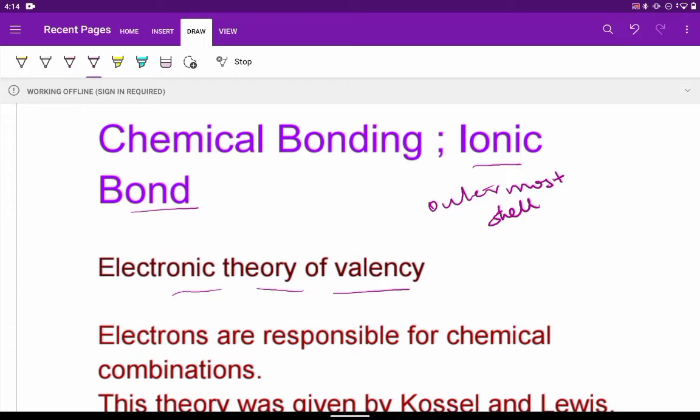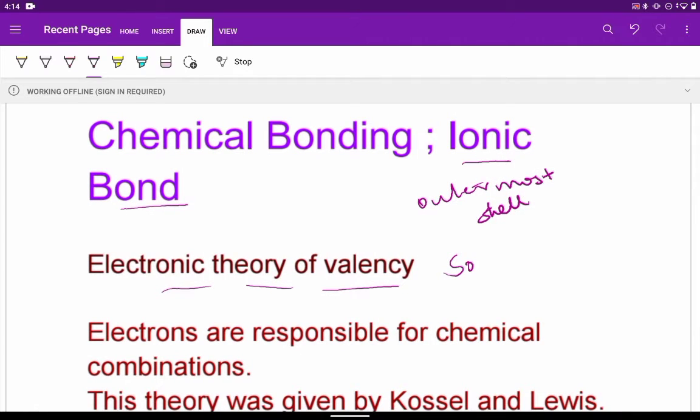For example, in case of sodium, whose atomic number is 11, the electronic configuration is 2, 8, 1. This single electron which is present in the valence shell will be participating when bond formation takes place. So it is having one valence electron.